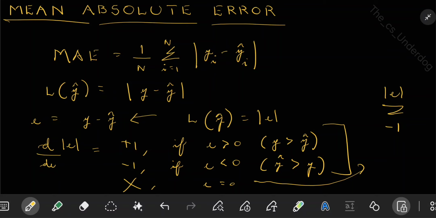If you take the right derivative, on the right side, you will get plus 1. Because it is minus 1 on the left side and plus 1 on the right side, it is not differentiable at the point E equal to 0. Still, you can take the subgradient. Because a subgradient is possible, you can take any value from minus 1 to 1. Generally, you take the value 0. This is how you generally handle this scenario.